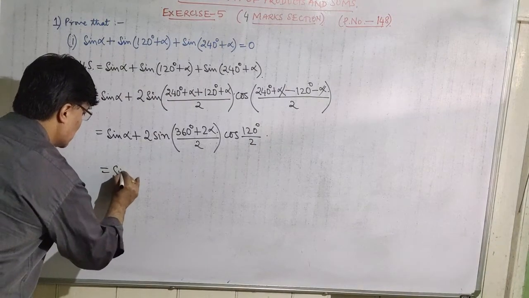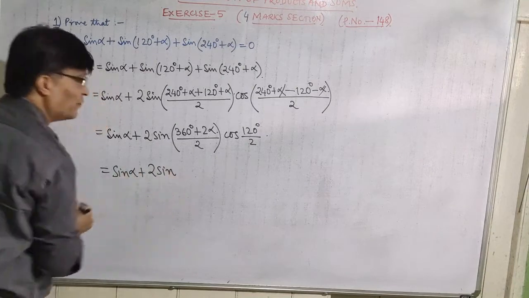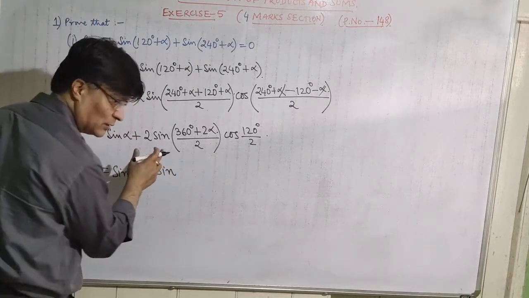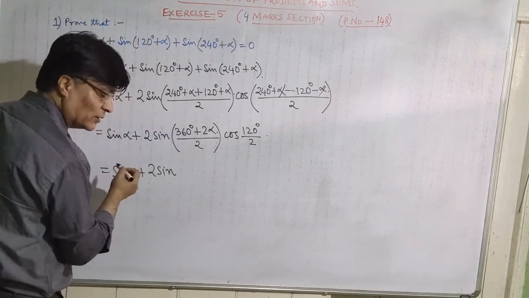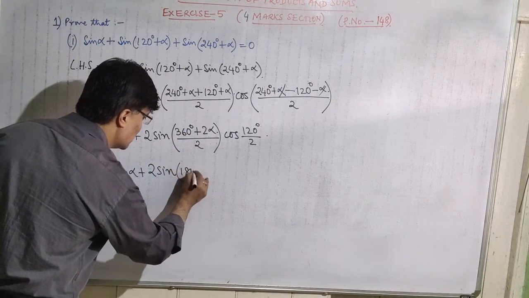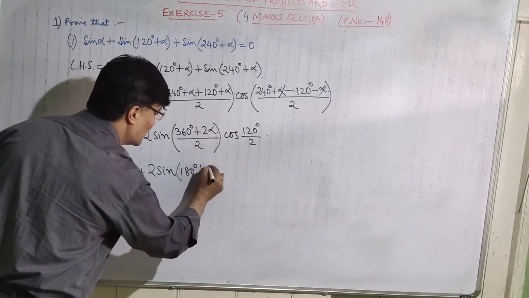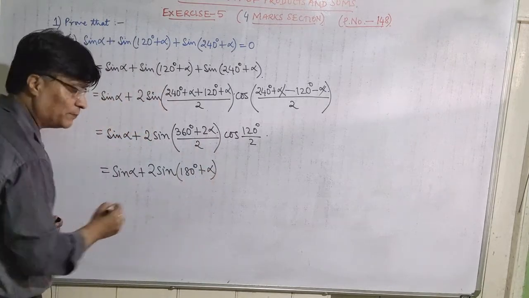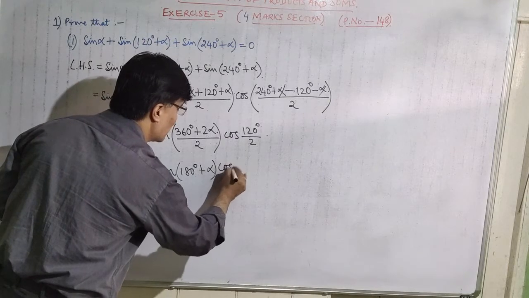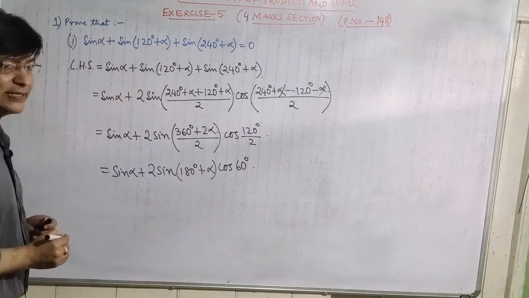So this is sine alpha plus 2 sine of... let us separate the terms. What is 360 by 2? 360 by 2 is 180, you know that, plus what is 2 alpha by 2? The 2 will be cancelled, then you will have alpha. And this is cos. What is 120 by 2? That is your cos 60 degree.